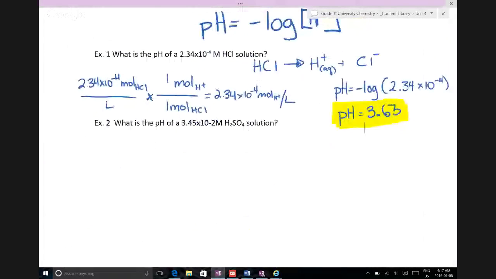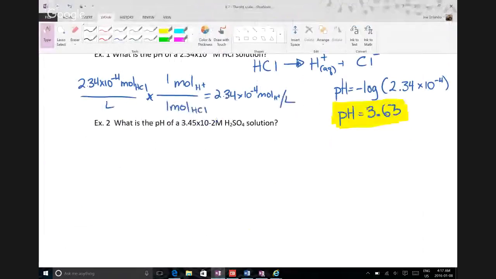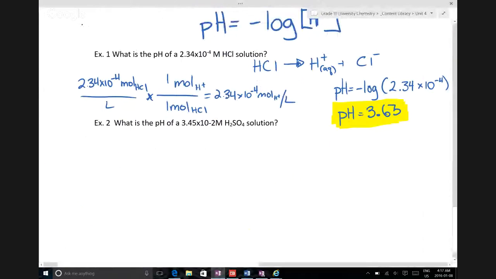All right, and to do one more example, we can imagine another situation where here we have H2SO4. Remember we said that H2SO4 isn't monoprotic. It doesn't have one H plus, it has 2. So it would actually yield us 2 H plus ions and then a sulfate ion.